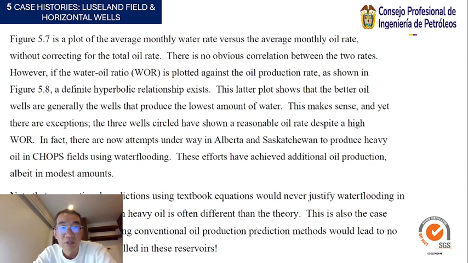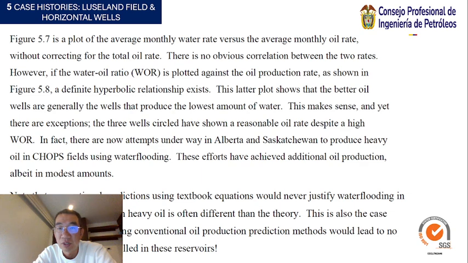However, if the water-oil ratio, WOR, is plotted against the oil production rate, as shown in Figure 5.8, a definite hyperbolic relationship exists.